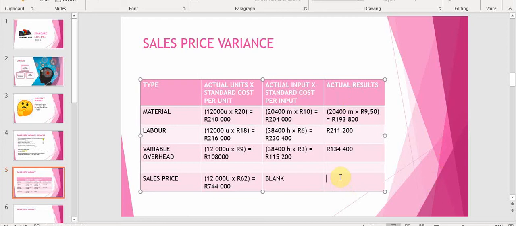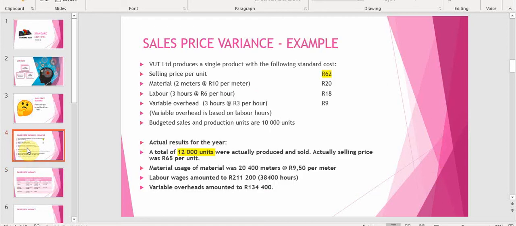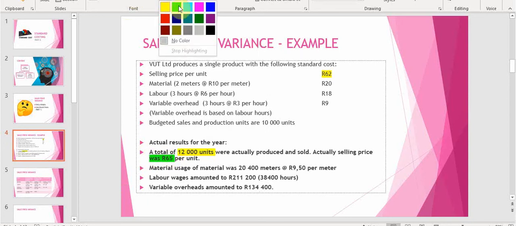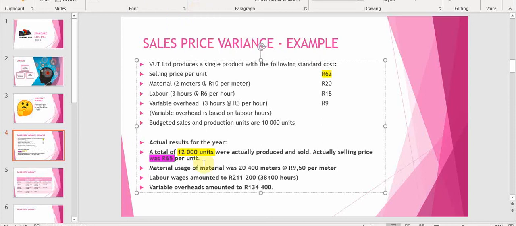Right, let's look at the actual results. For the actual results, we're going to go back to the question, and you will see that that would be, of course, now your actual selling price times your actual units, because actual times actual will give you the actual total. So there's the 12,000, and here I observed that the actual selling price was actually 65 Rand a unit. So I'm just also going to highlight that.